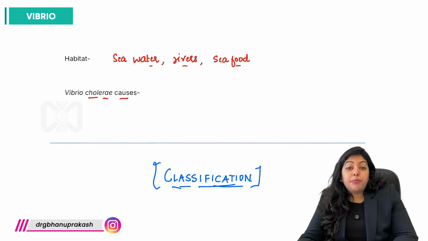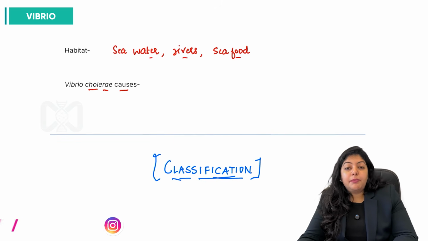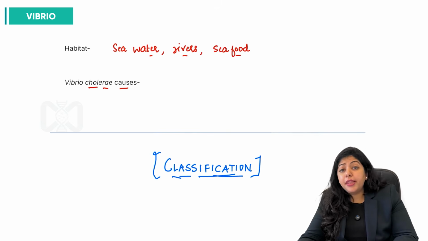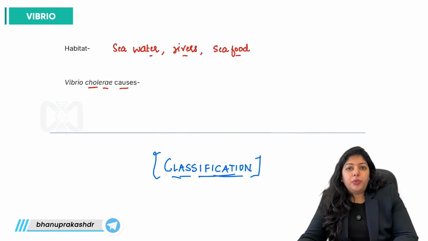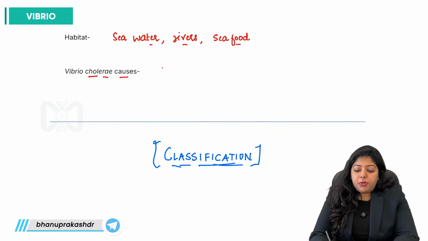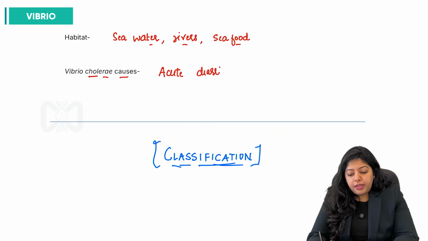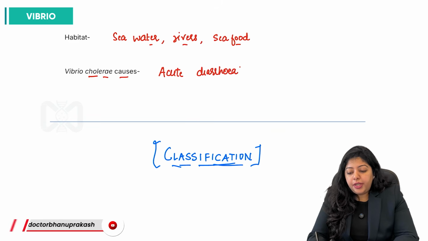We need prompt diagnosis and prompt treatment because this bacteria has been responsible for n number of epidemics throughout the world, and of course pandemics, right? It is also responsible for the rice water stool diarrhea. It is an acute condition, so it is responsible for acute diarrheal disease, right?